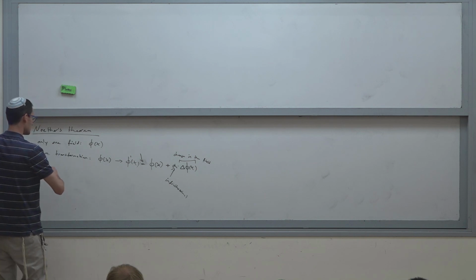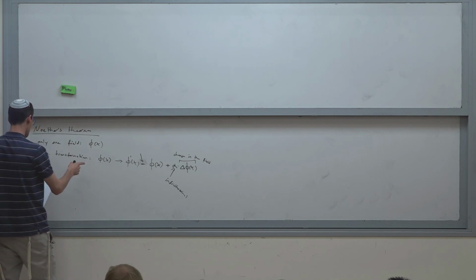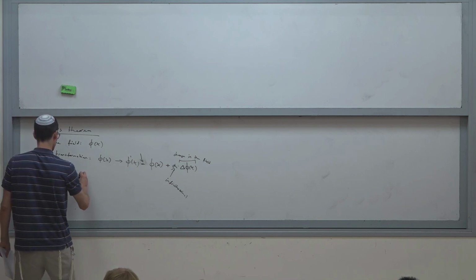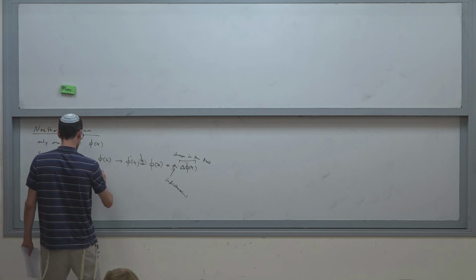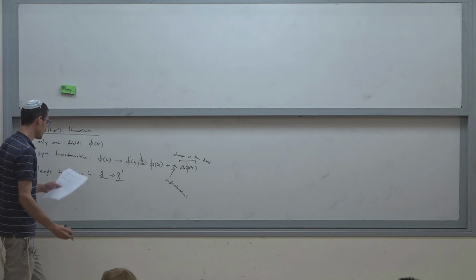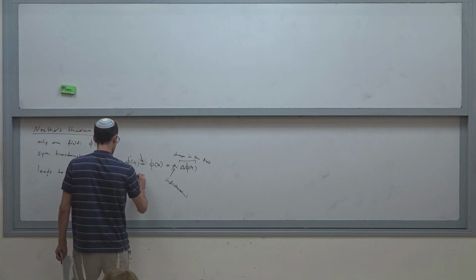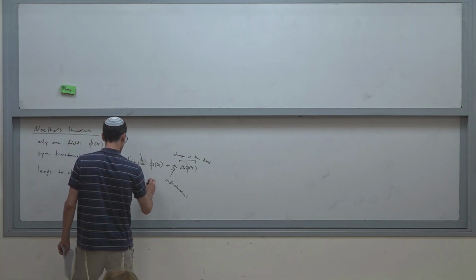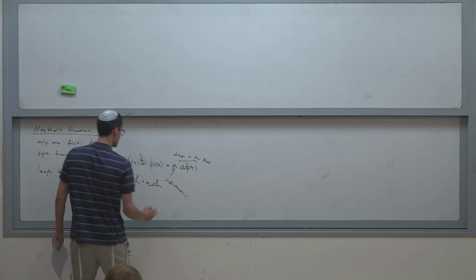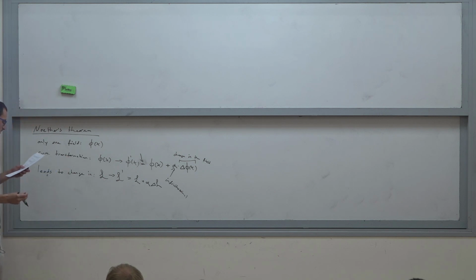In addition, now this transformation leads to a change in the Lagrangian. So the Lagrangian will become a different Lagrangian, which again can be written as the original Lagrangian plus some infinitesimal parameter times delta L, which is the change in the Lagrangian.